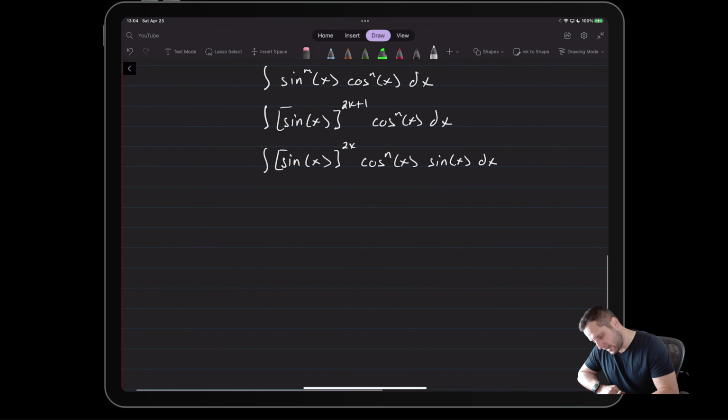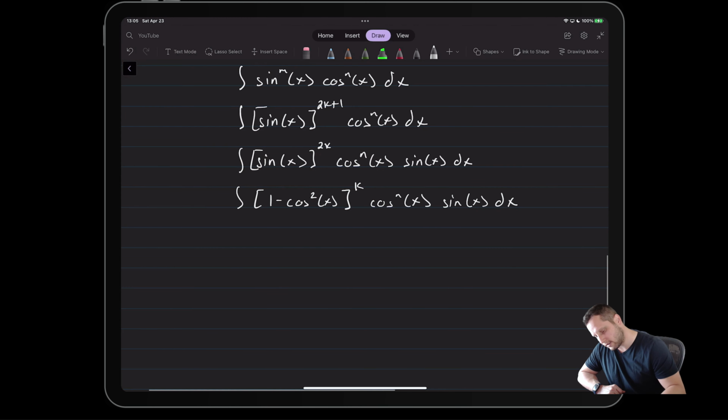Again, as before, I'm going through this fast because we've already seen all of this in the previous steps. This is sine squared to the k power, so it turns into 1 minus cosine squared of x to the k power times cosine n x sine of x dx.